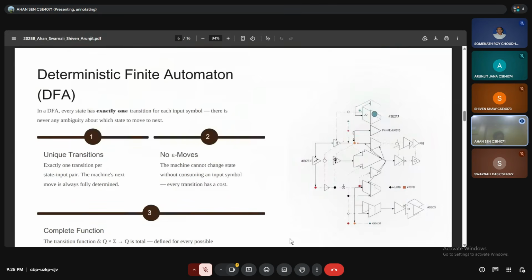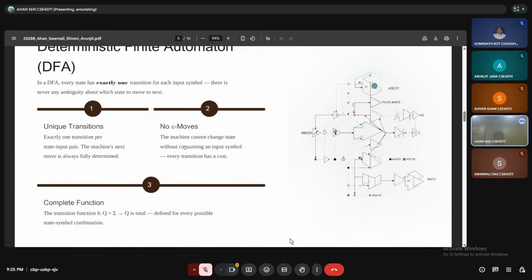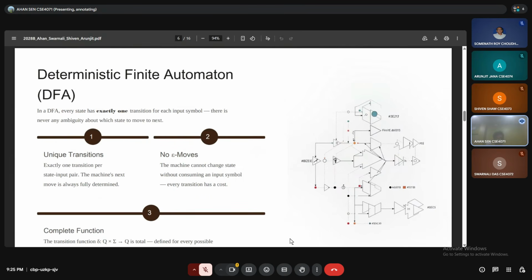Then we have the deterministic finite automaton. DFA is deterministic because there is a particular, fixed output on certain fixed rules, which are called transitions. In a deterministic finite automaton, there can be exactly one transition per state input pair.